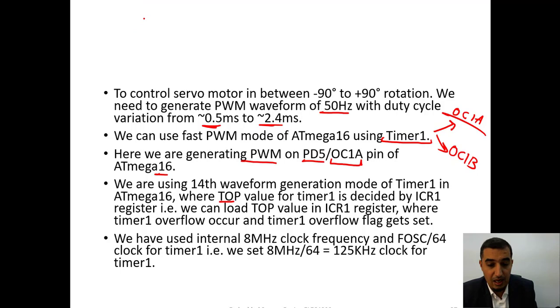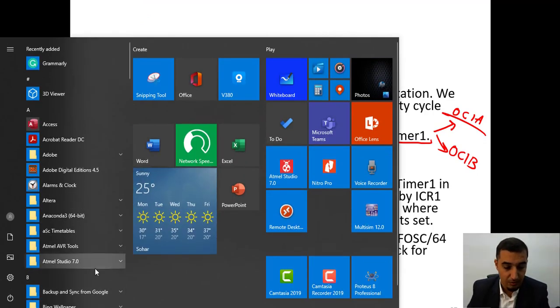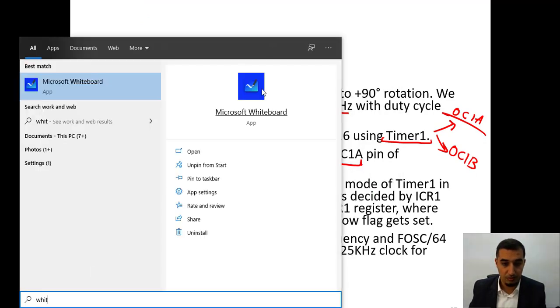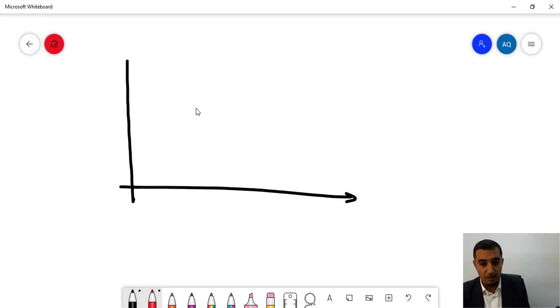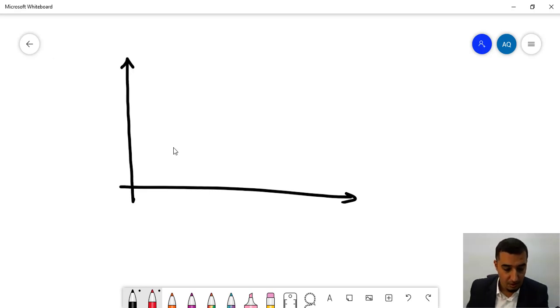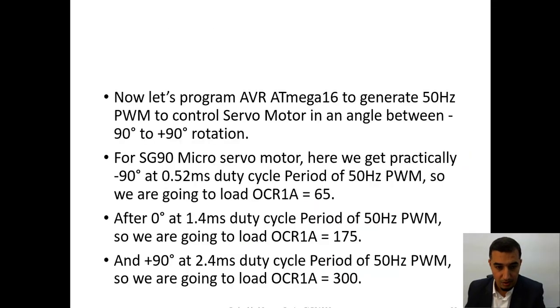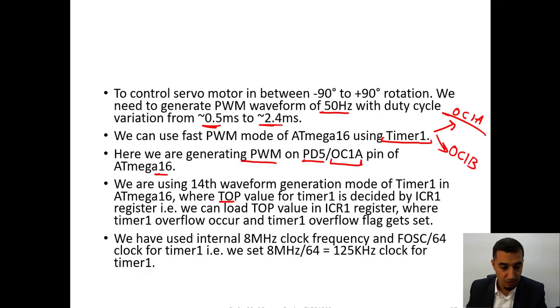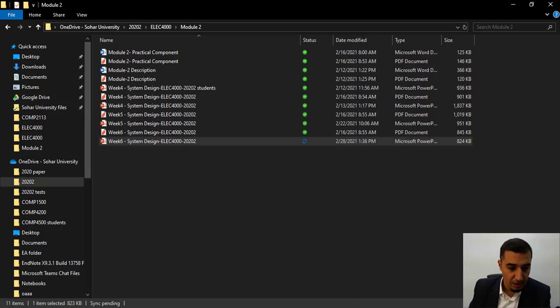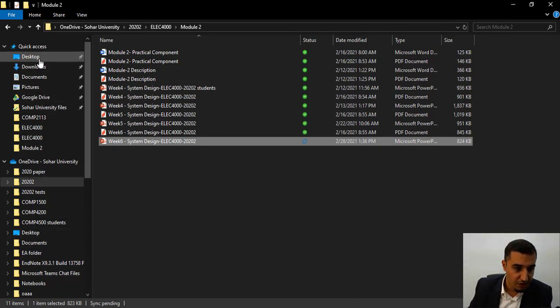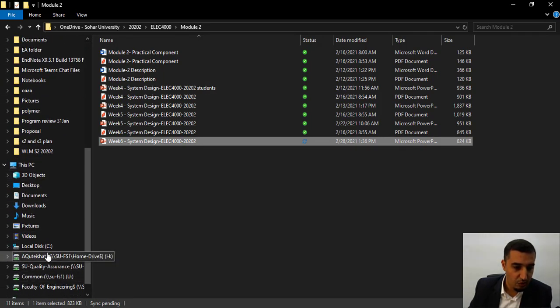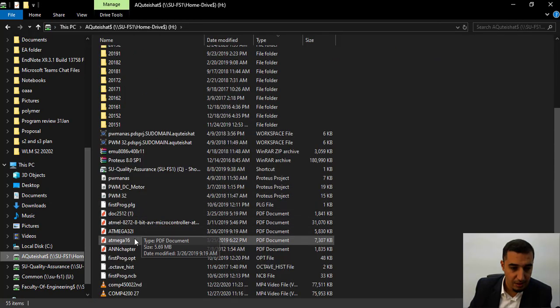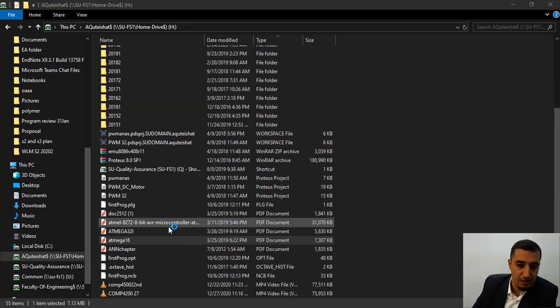Let me start the whiteboard here. Before that, we have the modes here. No, let me go to the Atmega16 datasheet and show you the wave generation mode that we plan to use. Here is the datasheet for the Atmega16.